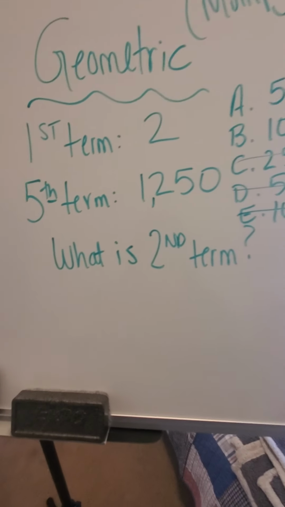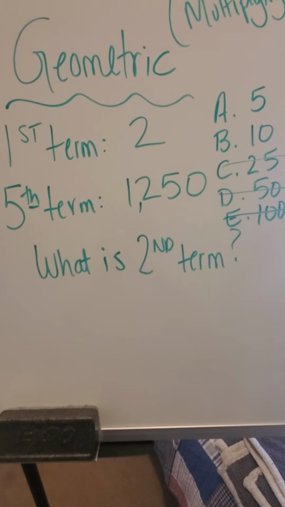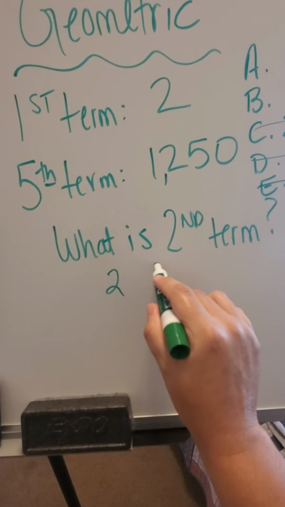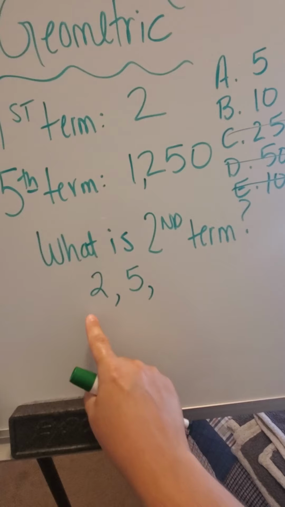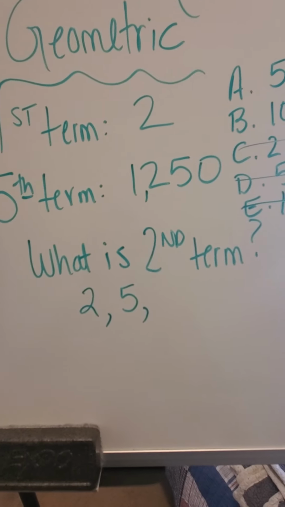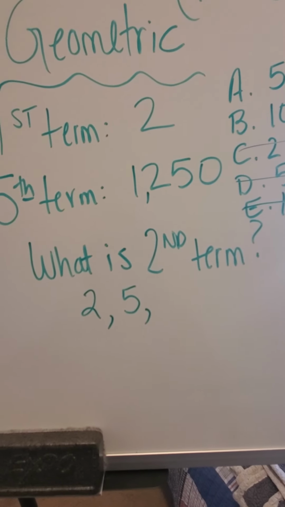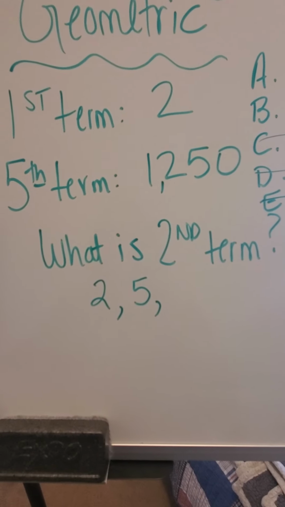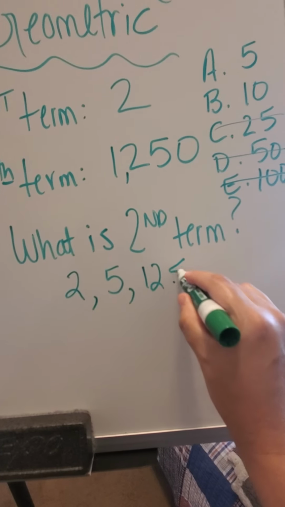All right, so let me show you what you can do. Let's look at A and B. Let's say A: if my first term is 2 and my second term is 5, then I'm multiplying by 2.5. So 5 times 2.5 gives me 12.5, and that would be my third term.